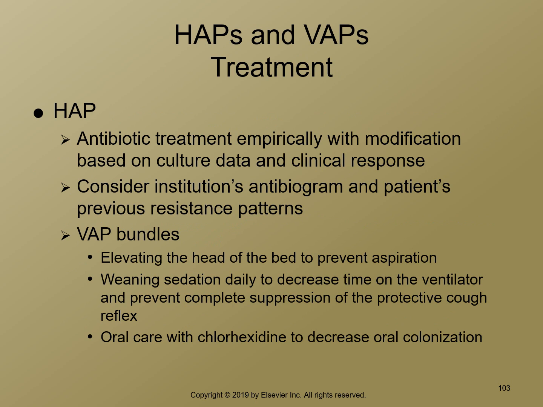Early implementation of appropriate therapy has been shown to decrease mortality in patients with hospital-acquired pneumonia. So broad-spectrum antimicrobial therapy should be started empirically and then modified based on culture data and clinical response. Typically, empiric therapy should be directed against virulent and drug-resistant strains such as MRSA, Enterobacteriaceae, Pseudomonas, and Acinetobacter.